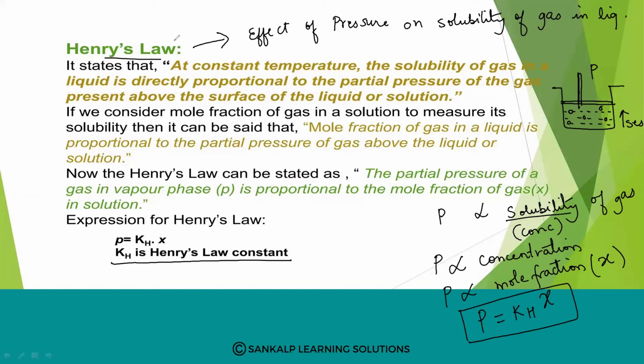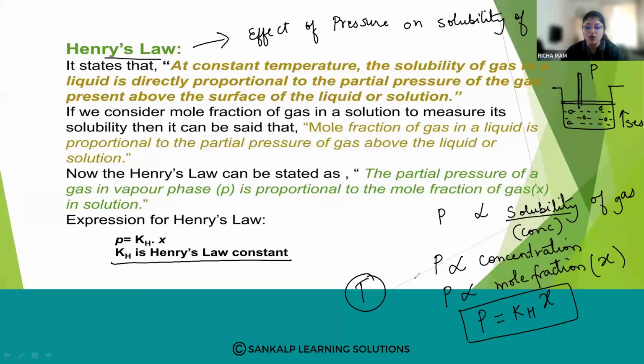One more time, I'll state Henry's law. Henry's law states that the amount of gas dissolved in a liquid is directly proportional to the partial pressure of the gas. The important condition is that the temperature should be kept constant.